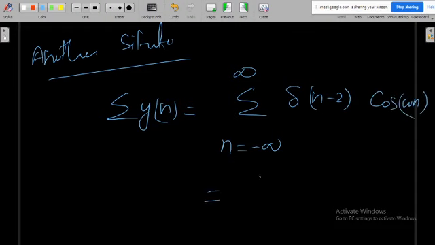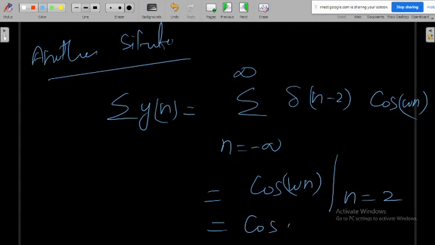Again this is very simple: cos omega n is valid only when n is equal to 2, because this impulse will be present only at n equal to 2. Then you substitute n equal to 2 here, so cos omega 2 is the answer. Whenever you are getting this format, it could be a summation or an integration, this is the answer.